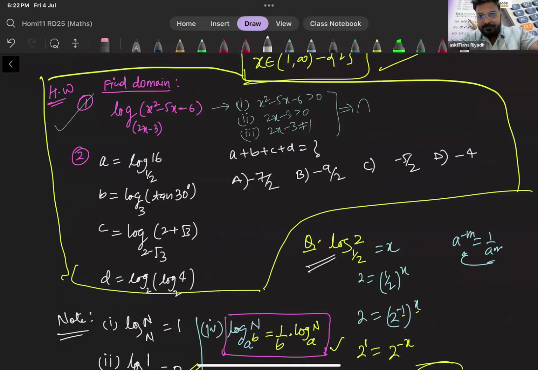Try this question. Tell me, what are the factors of x square minus 5x plus this whole thing? Sir, minus. Factors.